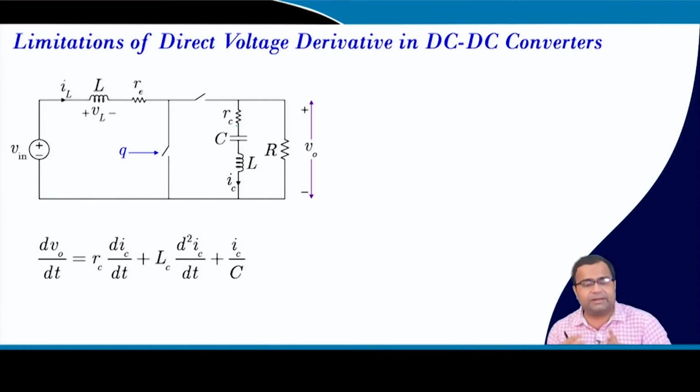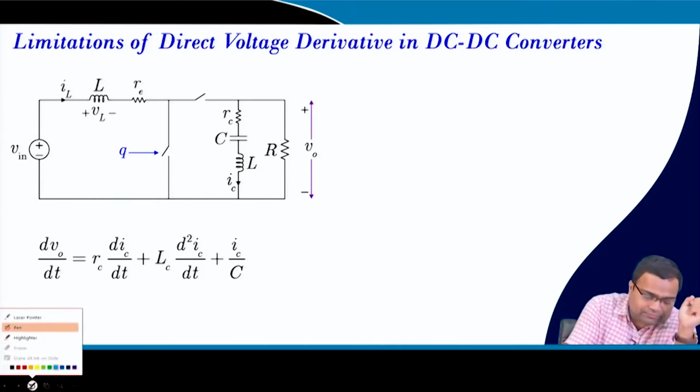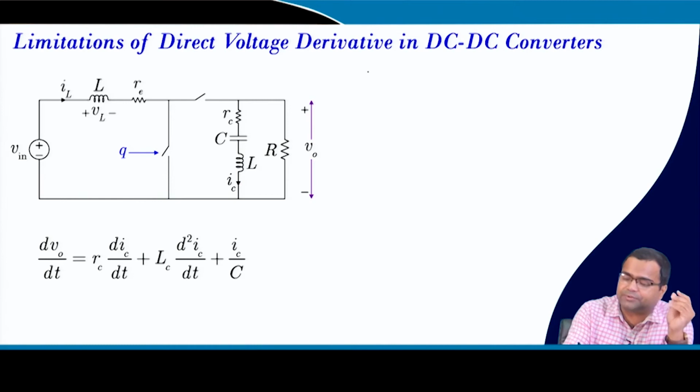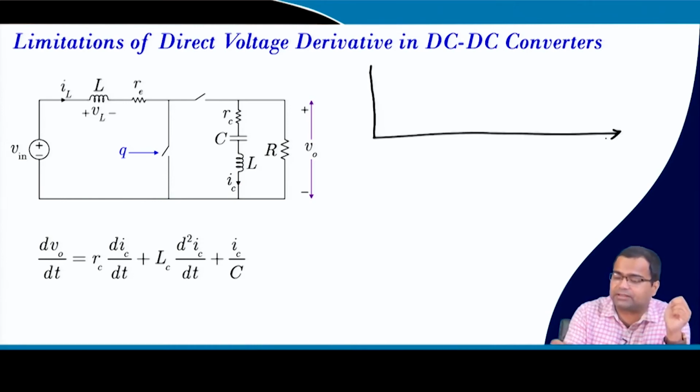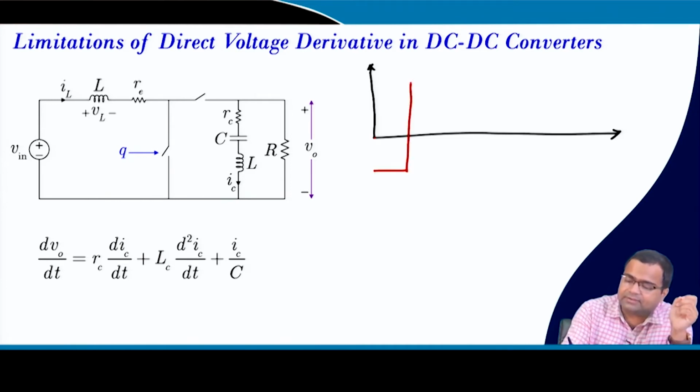Now, for a boost converter, the situation is even more dangerous. I will first draw the capacitor current diagram rather than the inductor current. In a boost converter, the capacitor current will have a negative current, then it will have this kind of current.